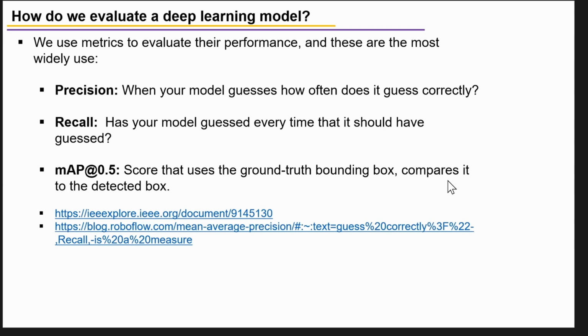One of the things that we want to look at is how much overlap there is between the predicted box and the actual box that you drew. So this mAP at 0.5 is a measure of what proportion of your boxes overlap with the predicted box at 0.5.